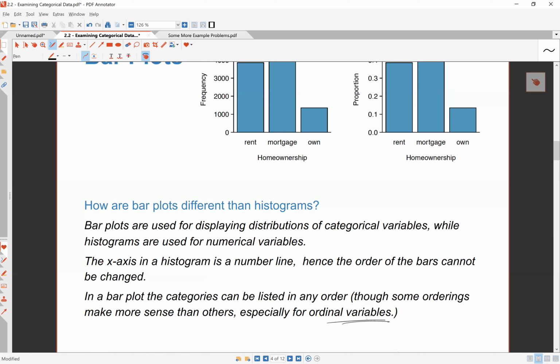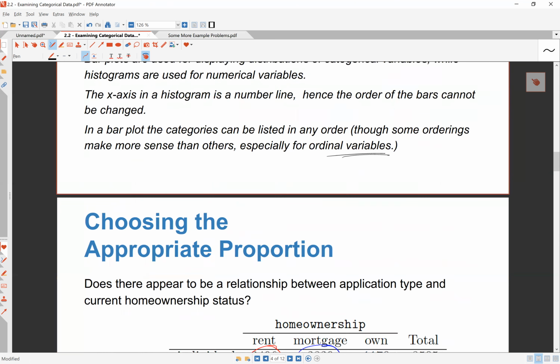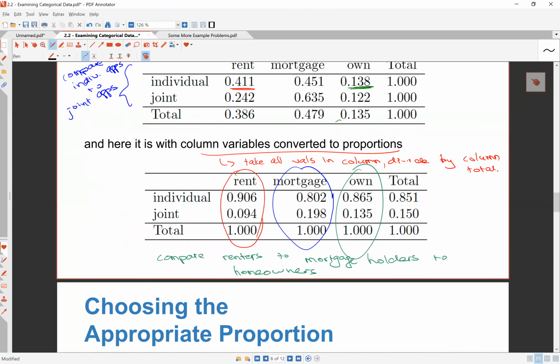You can't logically put the age bracket 30 to 35 before the age bracket 20 to 25, and then put the age bracket 70 to 75, and then put the age bracket 15 to 20. There's an implied ordering when you're dealing with numeric variables. So that's one of the big differences there.